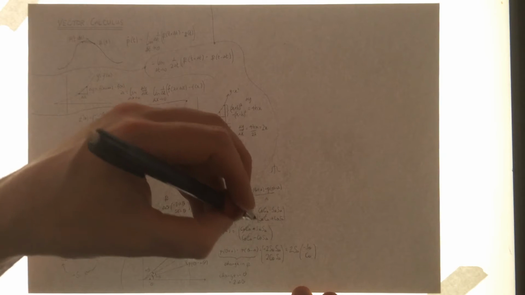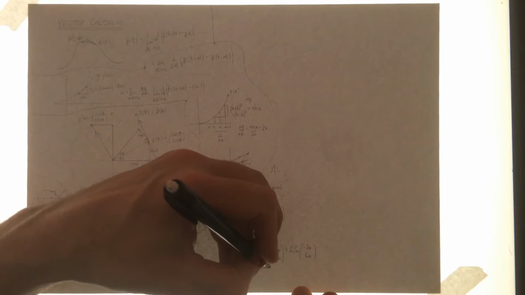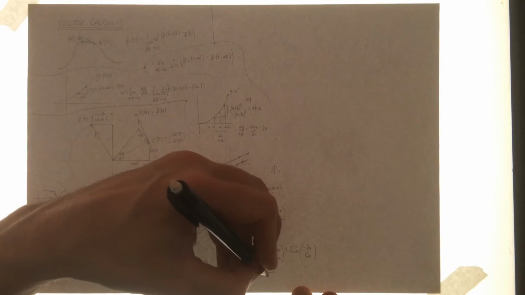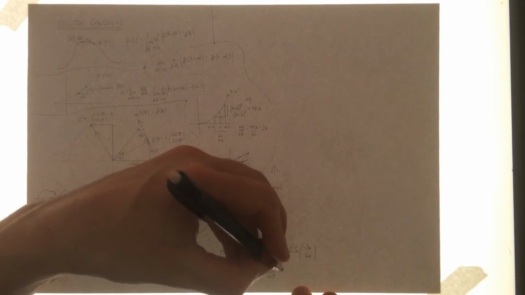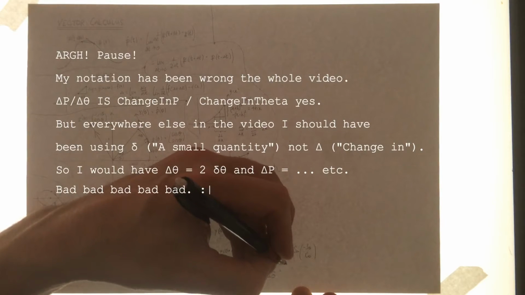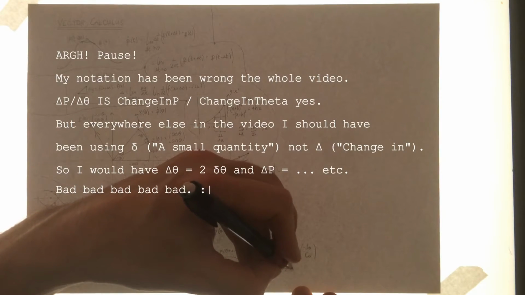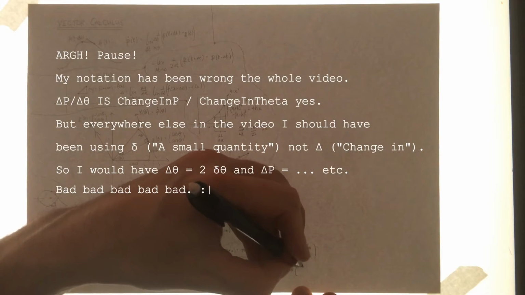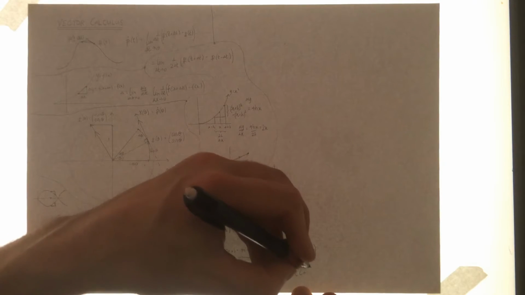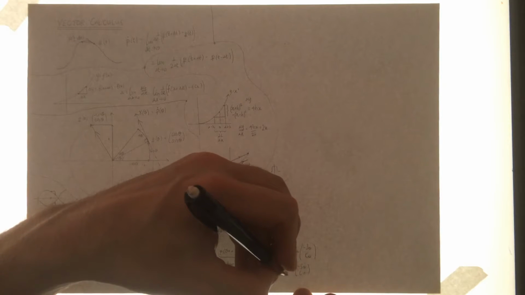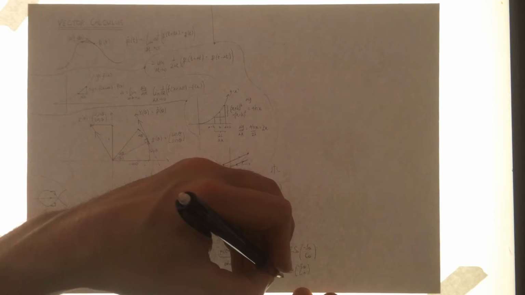So the change in P for a given change in theta is equal to 2 sine delta times minus sine theta, cos theta, over 2 delta theta.